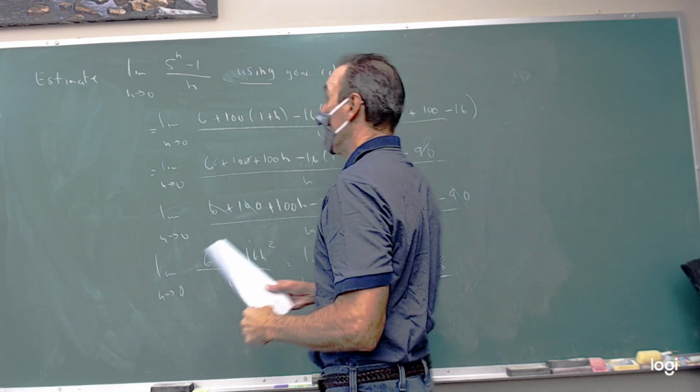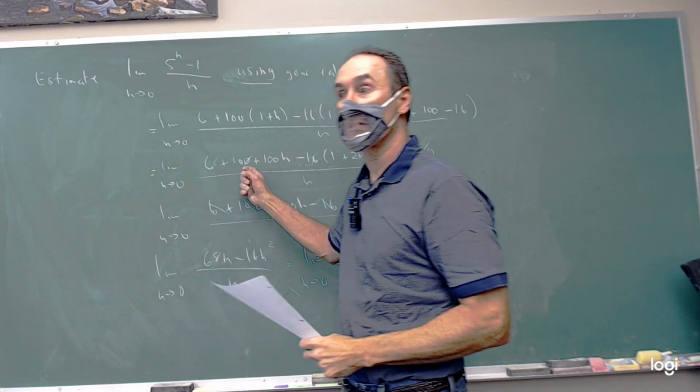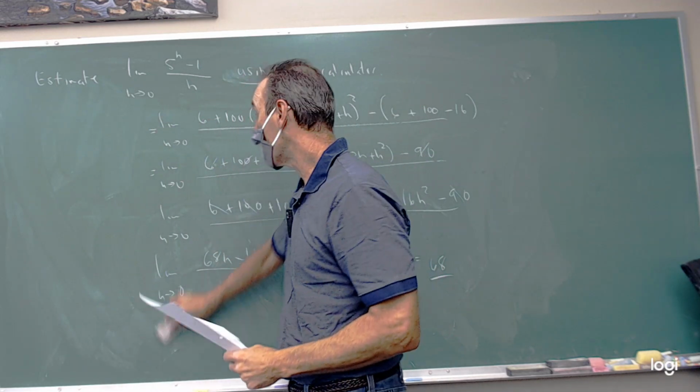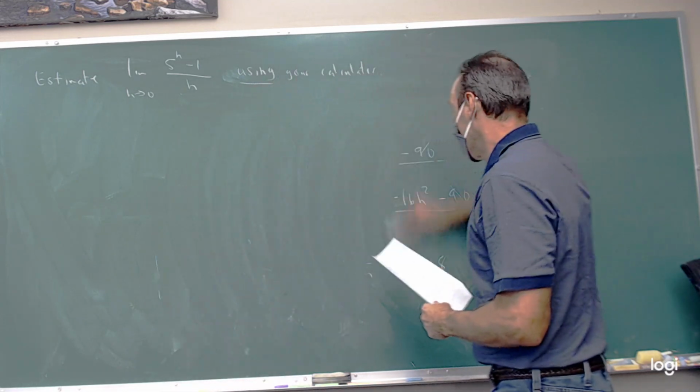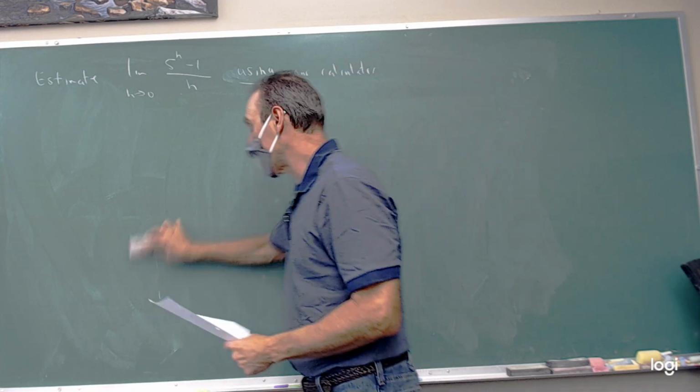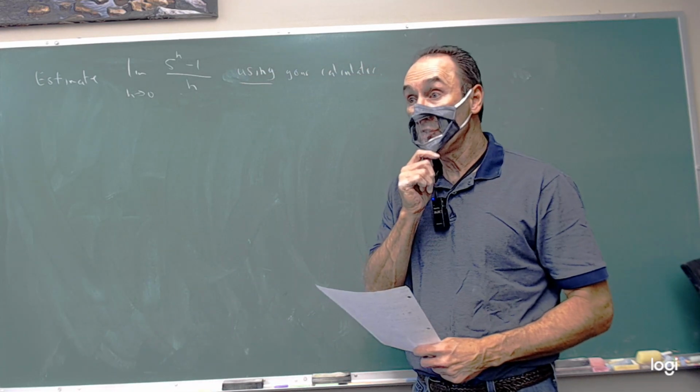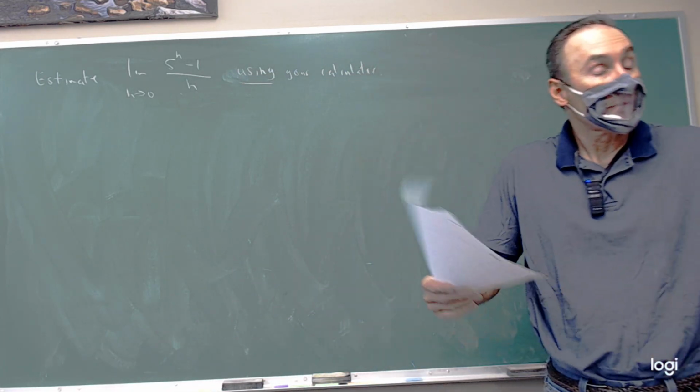So we're estimating it, so we're not trying to do what we just did there with the whole limit as h goes to 0. And you can use your calculator.